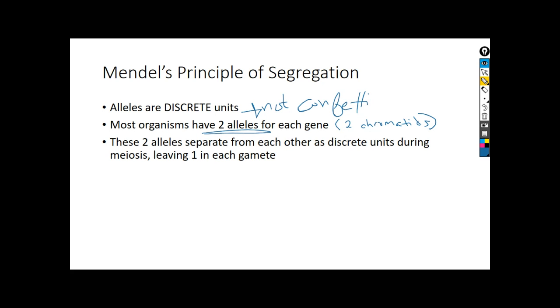Okay, and that the whole point of meiosis, both in metaphase 1, when we separate mom and dad, right, into 2 separate daughter cells, and in meiosis 2, right, when we're separating the sister chromatids into separate daughter cells. The whole point is just to divide these up randomly and equally into these haploid gametes.